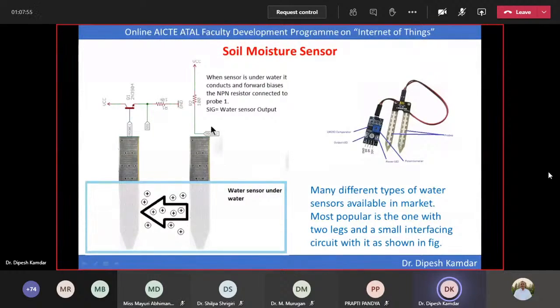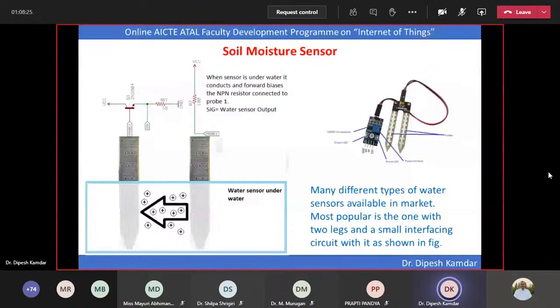Whenever we have a VCC connected with one strip and the other strip is connected with the amplifier, if the soil is dry, there will be no conduction from the VCC towards the other strip, as there is no conducting material in between.